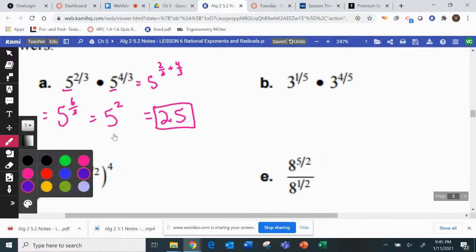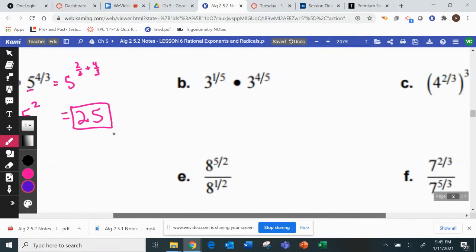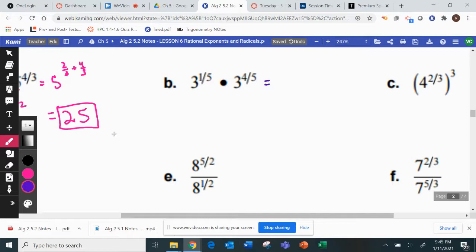Question B: 3 to the 1/5 multiplied by 3 to the 4/5. Like bases, so we keep that base and we add the exponents. So we get 3 to the 5/5, which is 3 to the first, which is 3.